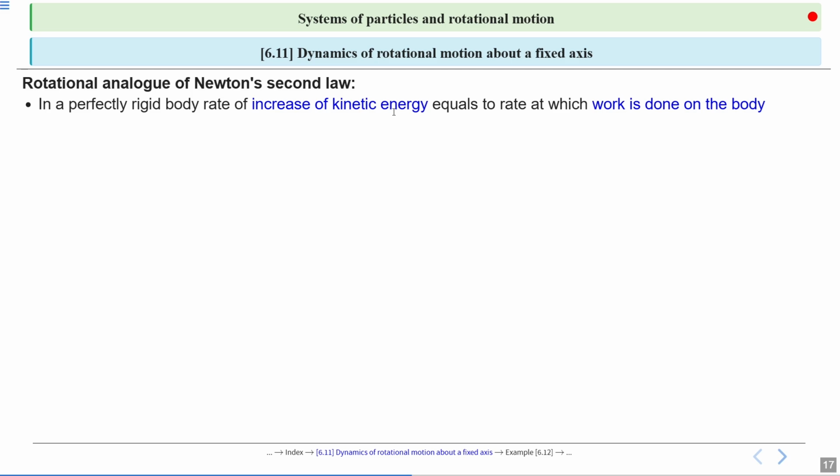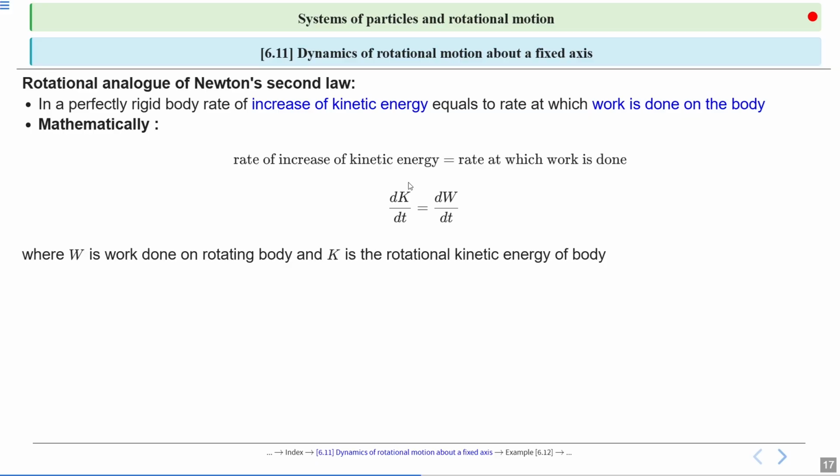Now let's apply this idea to rotational motion. So in a perfectly rigid body, the rate of increase of kinetic energy equals the rate at which work is done on the body. So mathematically, the rate of kinetic energy is dK upon dt and the rate at which work is done is dW upon dt.